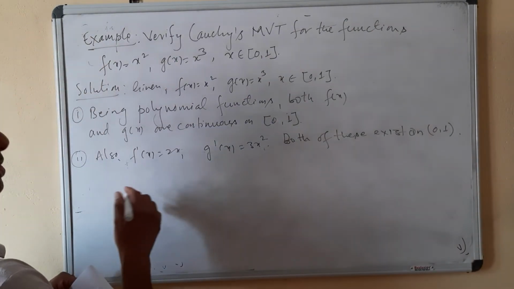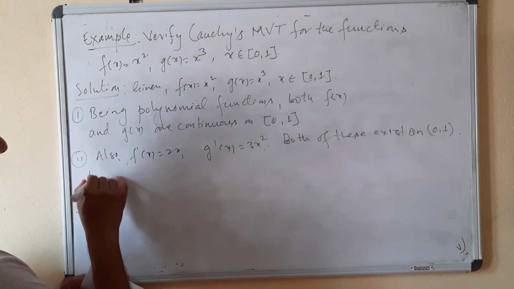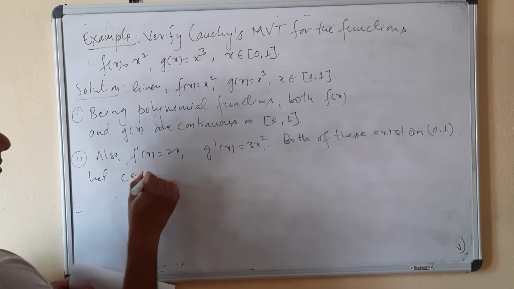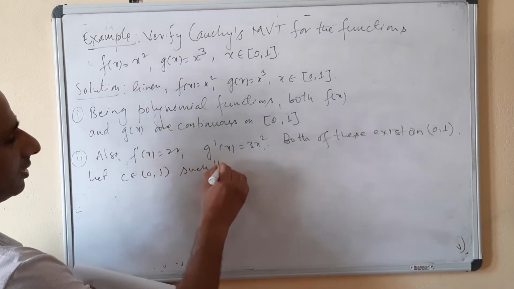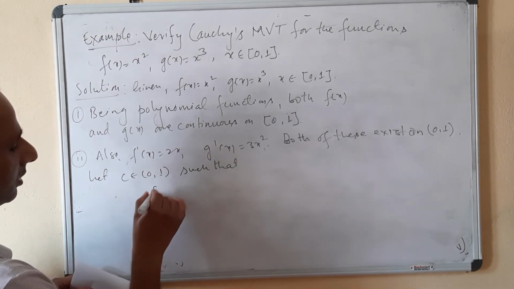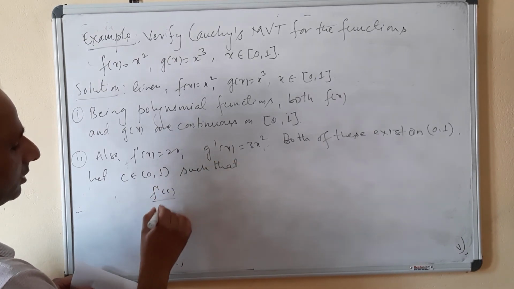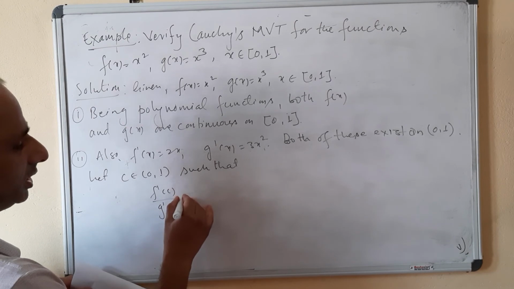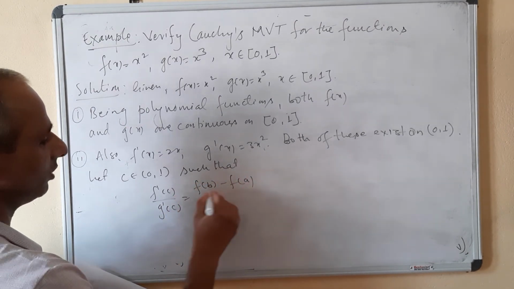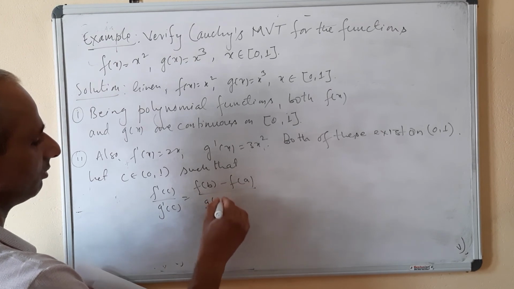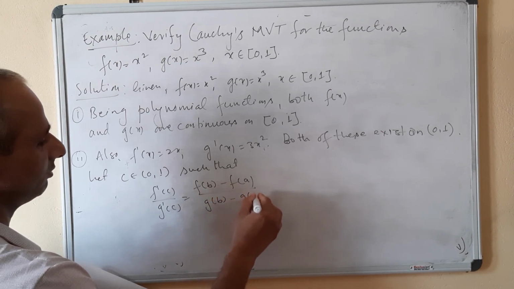Okay, let's take that number c. Let c belong to 0, 1 such that f dash of c upon g dash of c equals f of b minus f of a upon g of b minus g of a.